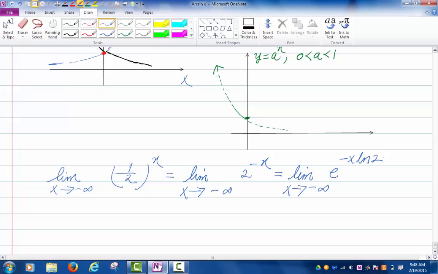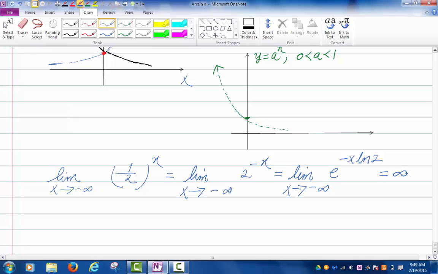E to the something going to positive infinity is positive infinity. I can answer it by switching the problem in terms of the e to the x function. Or I can directly know the behavior of half to the x, right? We just drew the graph of a to the x when a is between 0 and 1. If I remember that, I know exactly what the limit should be. Is that making sense?